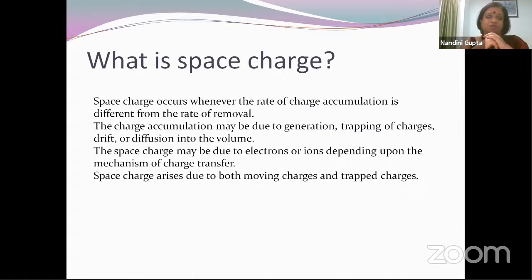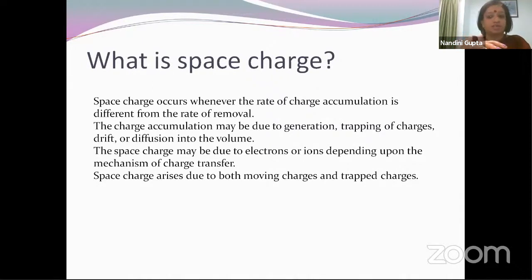But in addition to that, be it gas or solid or liquid, if you have an excess number of charges located anywhere, even if you have one, this charge would behave like a source of field, and therefore it would exert its own field on the existing applied field.